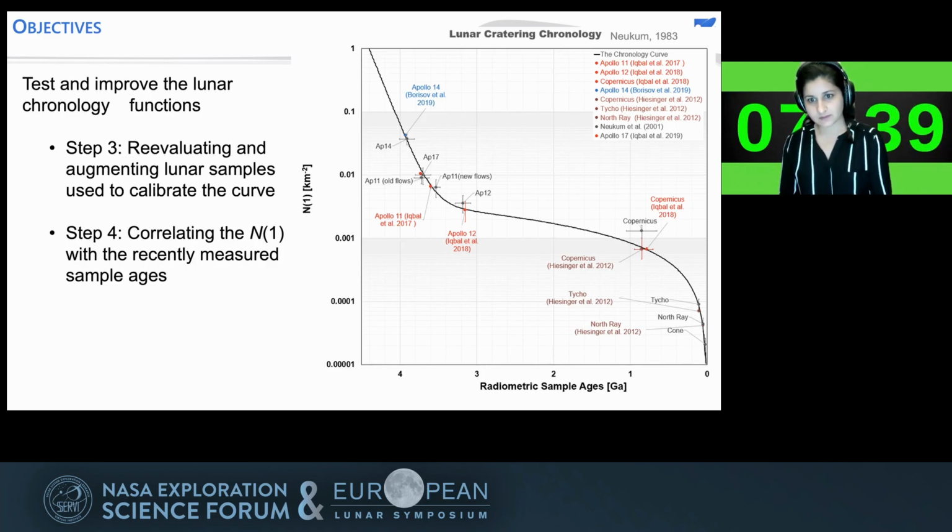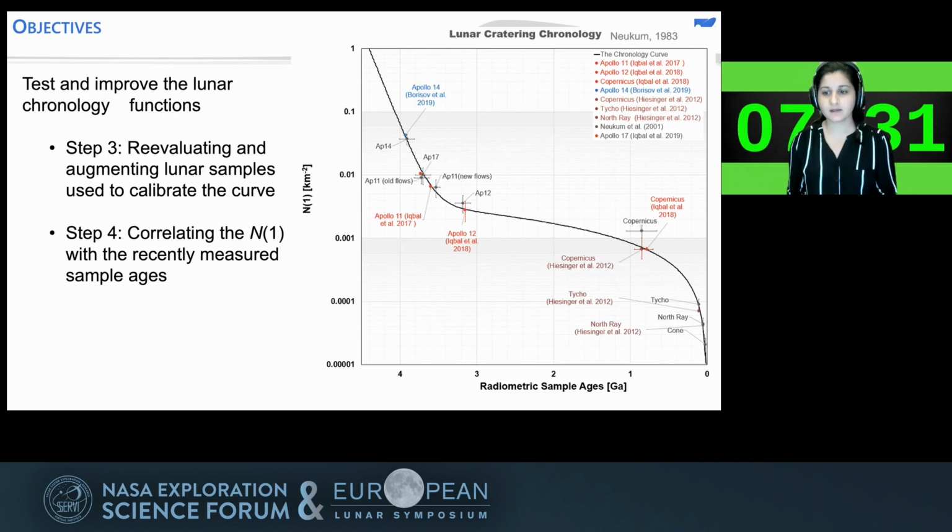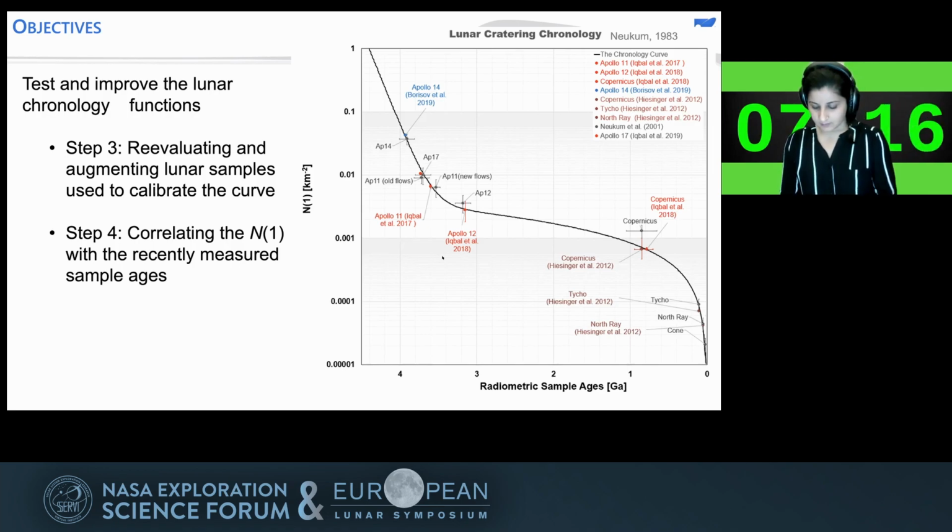We also investigate the composition and isotopic ages determined from these samples, and that's what we represent on the x-axis. By correlating these two values, we get a calibration point that can confirm the validity of this chronology function.